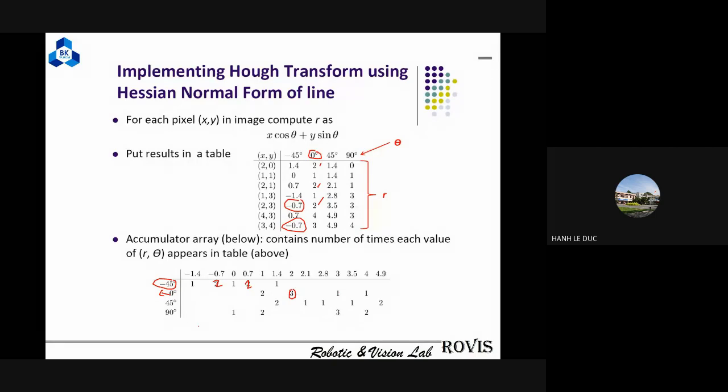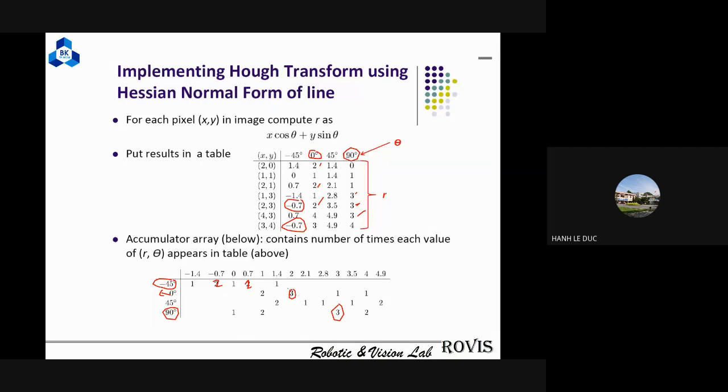This one is also theta 90 degree. It appears 3 times, 1, 2, and 3. So this is the biggest number.